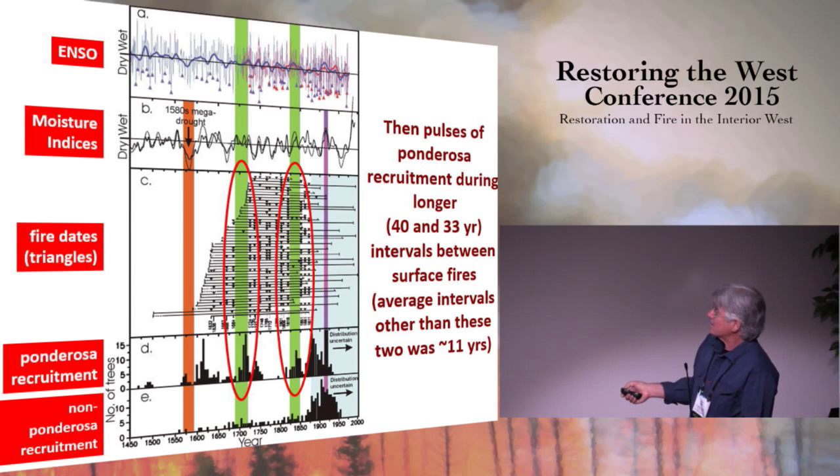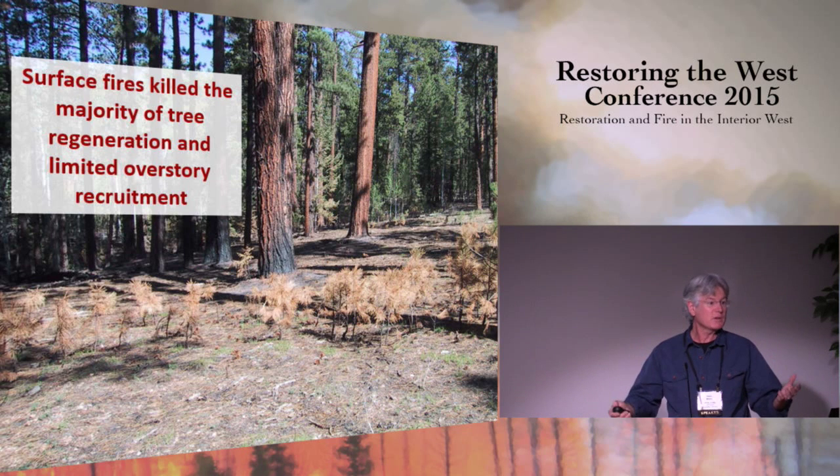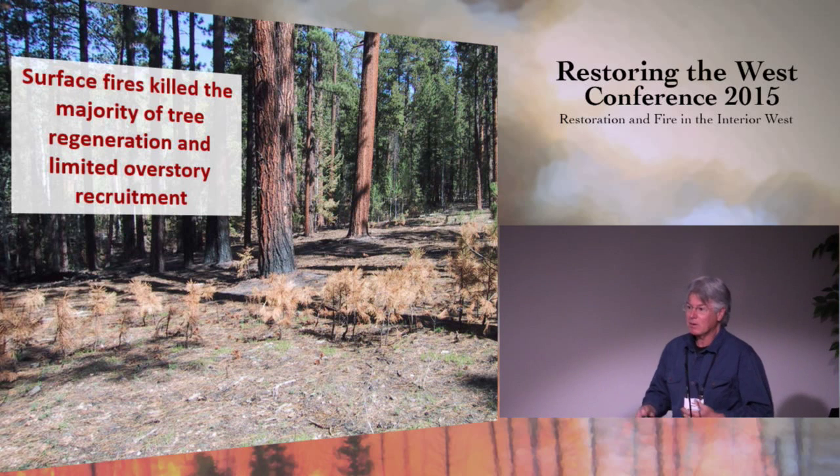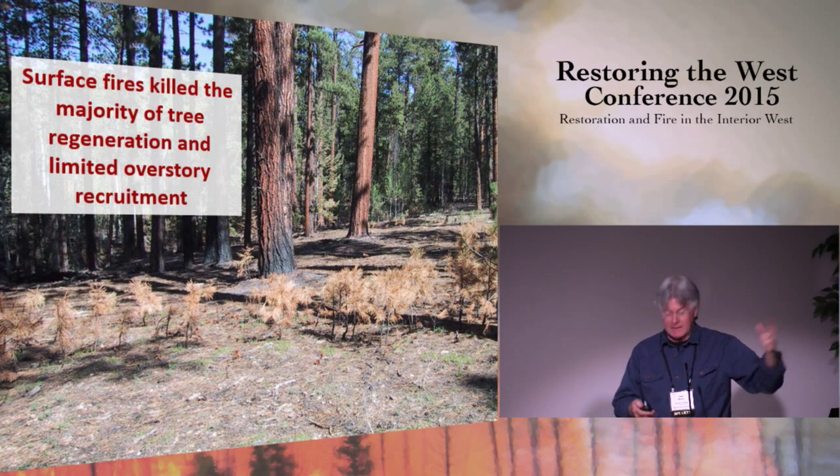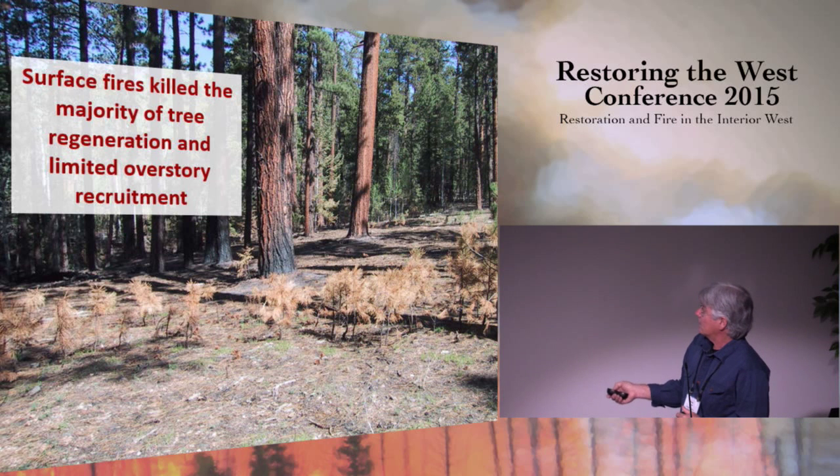What's going on is that most of the time, these frequent surface fires are killing regeneration. That's the whole point of these surface fires, that you limit your ability to stand regeneration. Now, during those longer intervals, more trees were able to reach a sapling status, and when that next fire came along, they were killed by that next fire.